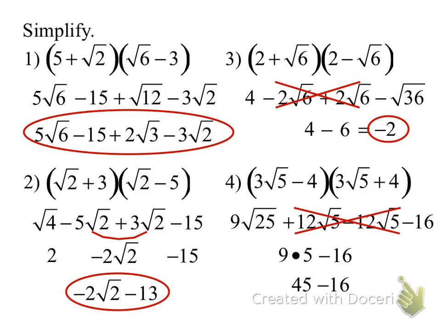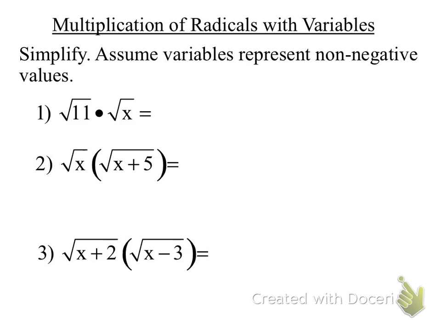All right. So now multiplying with variables. Radical 11 times radical x is what? Radical 11x. Can that be broken down? Now, this next one, just think about it like I'm just doing the multiplication. It's radical x times x plus 5. You with me?